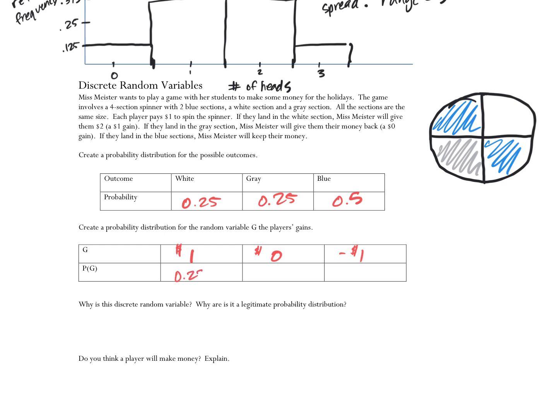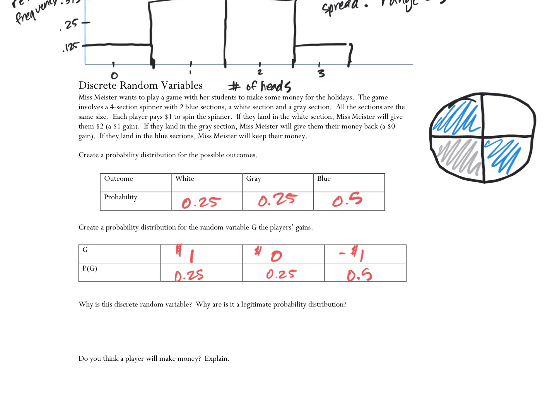What's the probability that your overall gain is 0 and that you break even? What's the probability that you lose $1? Is this every possible outcome and its probability?